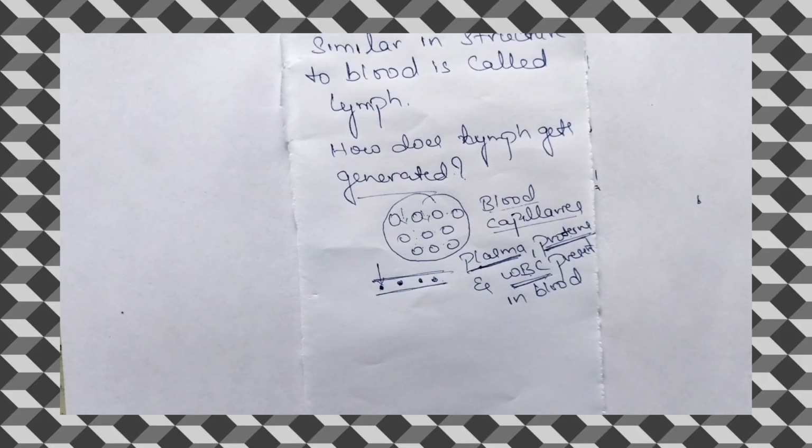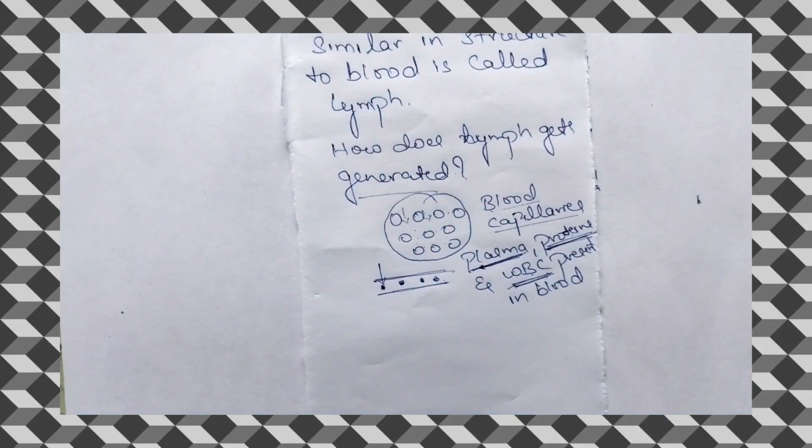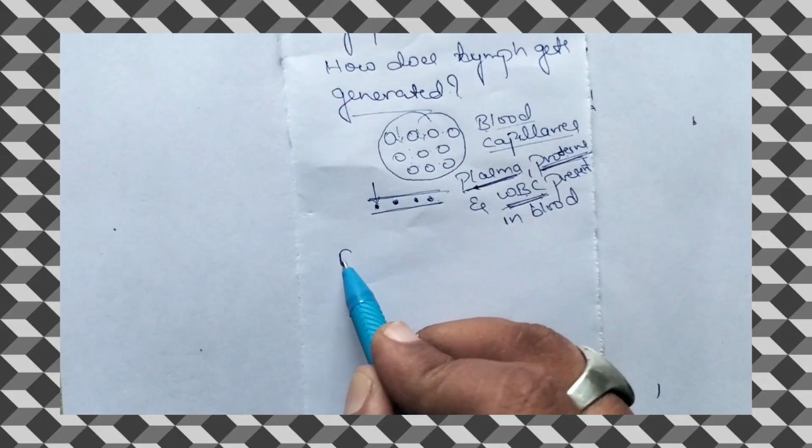A colorless liquid similar in structure to blood is called lymph, and this lymph contains plasma, proteins and WBC. ಇದು ನಾವು ತಿಳ್ಕೋಬೇಕಾಗಿರುವಂತಹ ಲಿಂಫ್ ಹೌ ಇಟ್ ಈಸ್ ಜನರೇಟೆಡ್. ಯಾಕಂದರೆ ನೆಕ್ಸ್ಟ್ ನಾವು ತಿಳ್ಕೋಬೇಕು ವಾಟ್ ಆರ್ ದಿ ಫಂಕ್ಷನ್ಸ್ ಆಫ್ ಲಿಂಫ್.